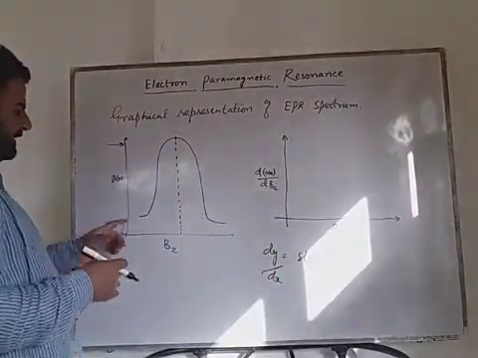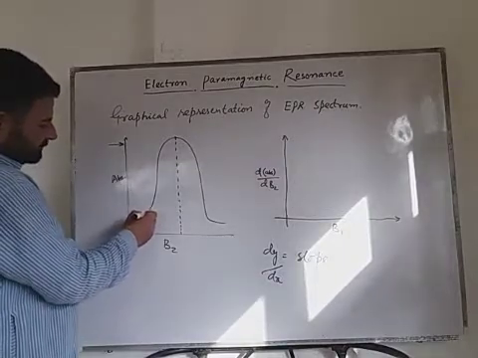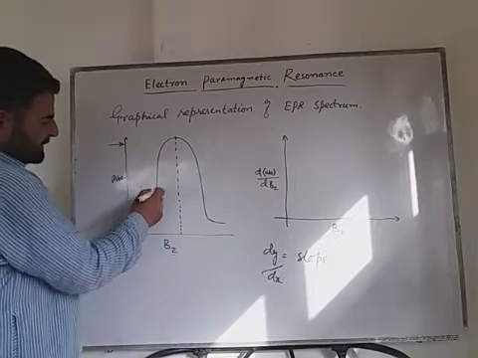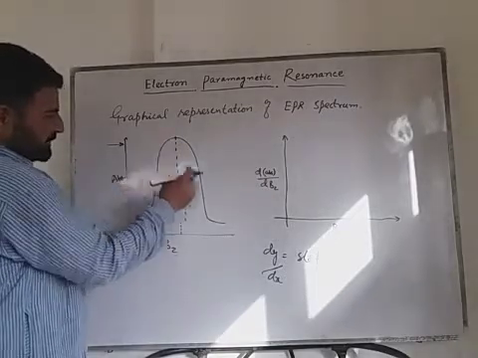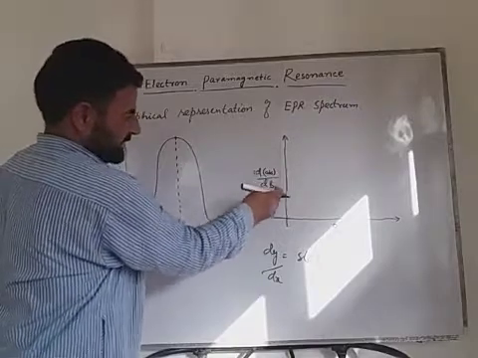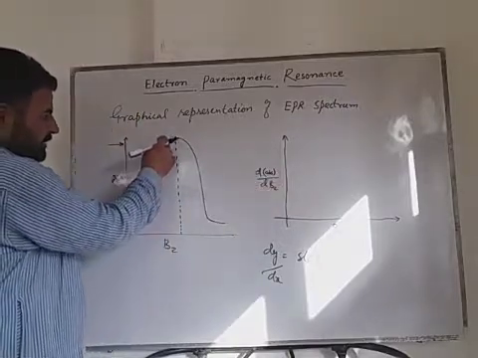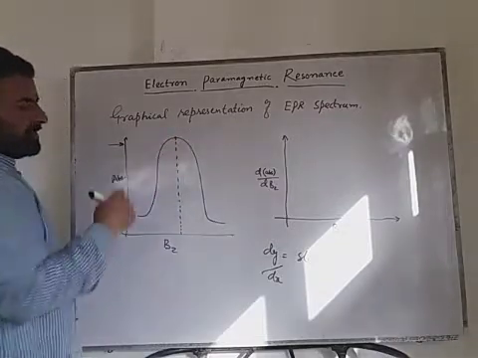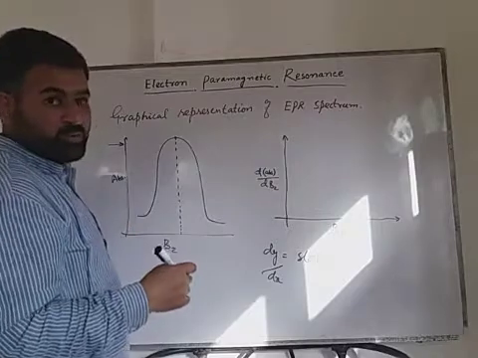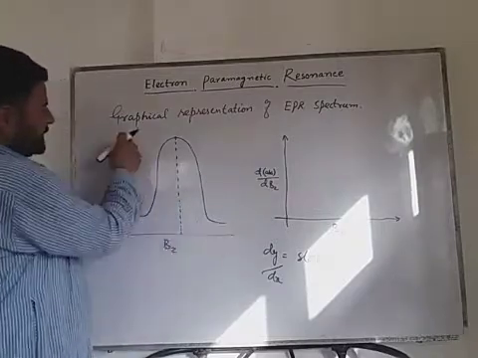So what will happen? When this peak is progressing like this, the slope is increasing. That means d absorbance by dBz, that is the slope, is increasing, and then it starts decreasing. And ultimately at this very point, it is 0, because this is the y-axis, the axis of dy by dx.